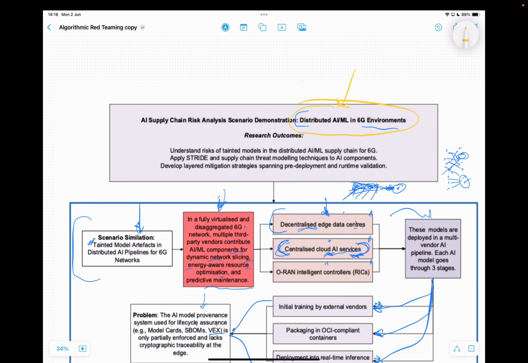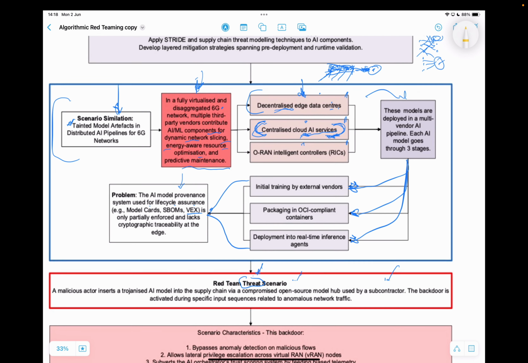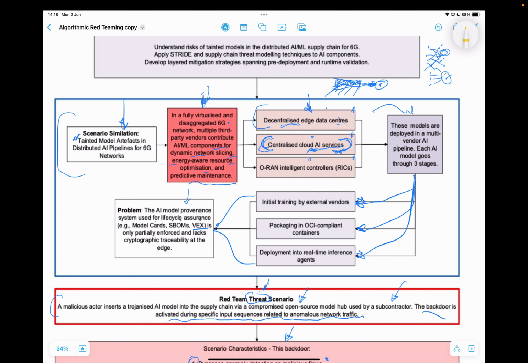And looking here at the system architecture, we have O-RAN intelligence controllers. So we have edge nodes, we have centralized cloud platforms, and those models are created by third-party vendors, containerized using OCI standards, and they're deployed using real-time network functions like slicing optimizers or predictive failure monitoring.